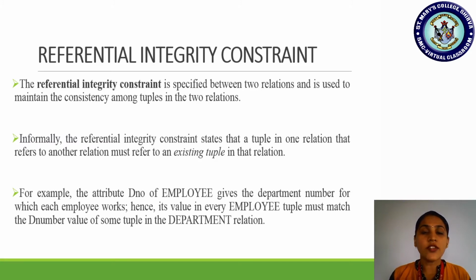Are you all understanding? What is the meaning there? If the employee 101 tuple exists in the employee relation, only then is it true that the accounts department with department number A1 is managed by employee 101.